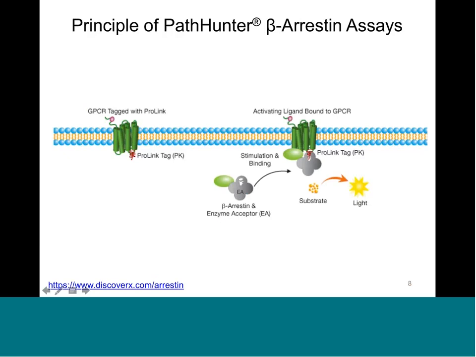So upon recruitment of beta-arrestin to the receptor, you will have also proximity between the ProLink tag and the EA, which then complements and reconstitutes a fully functional enzyme, which then can convert the substrate into the product. And one of the products is luminescence, which can be easily detected by a luminometer and very nicely quantified.